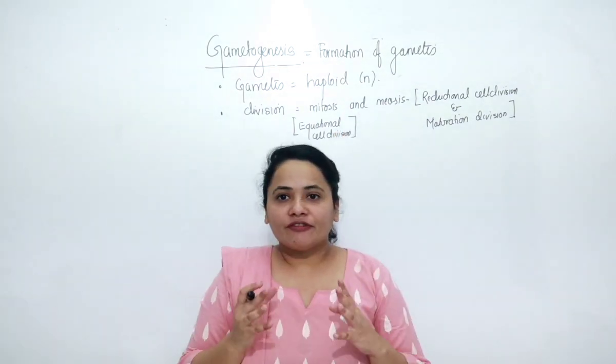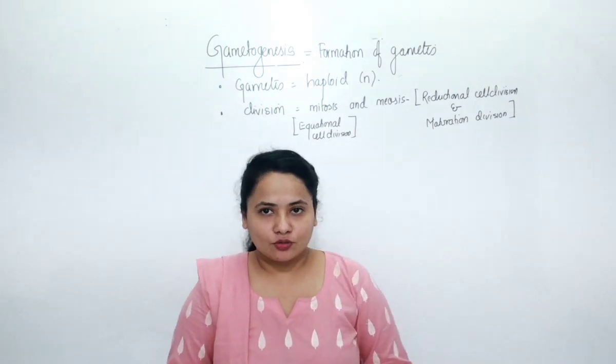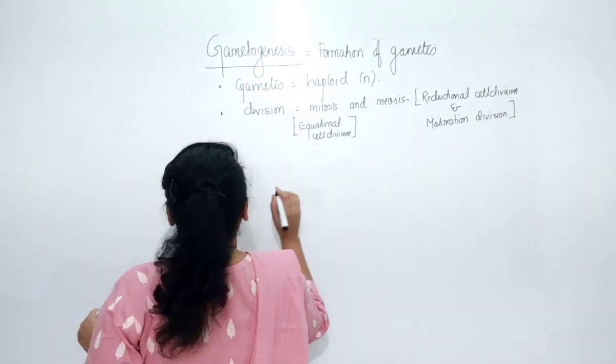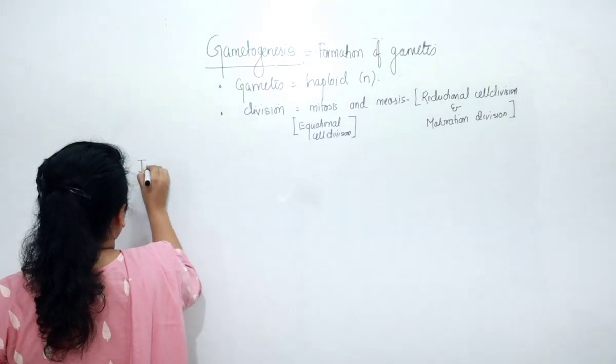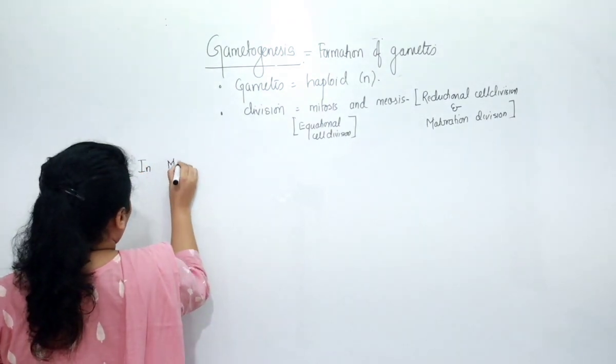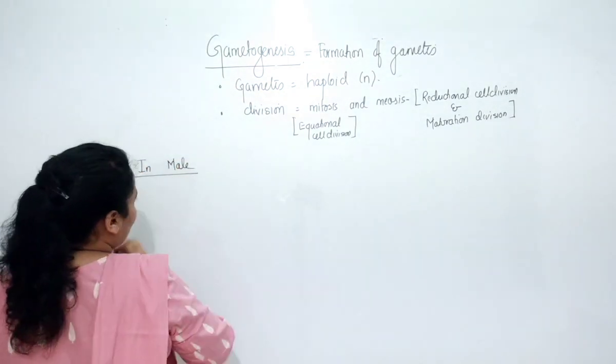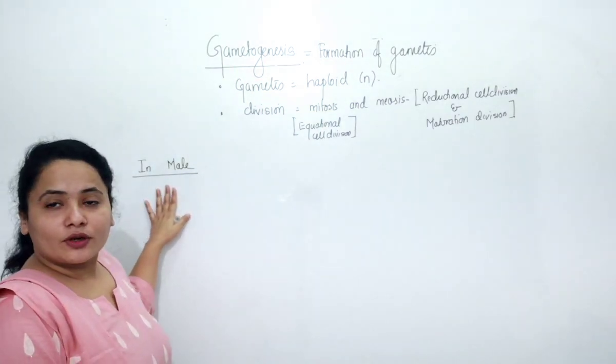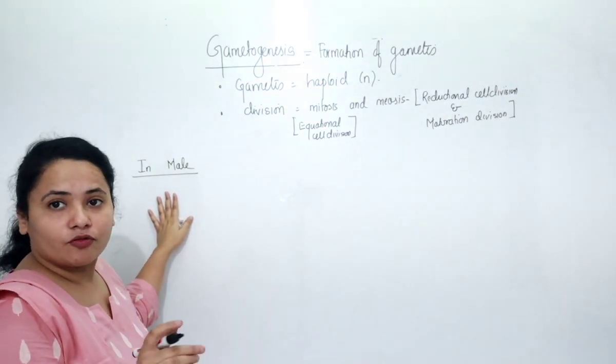Let us have a brief idea about gametogenesis. Now, suppose that gametogenesis is taking place in male. Right? So, in male, what is formed? In male, sperms are formed.